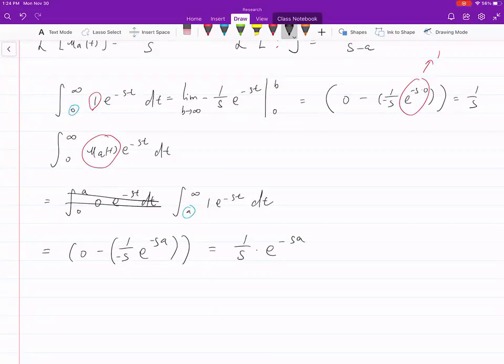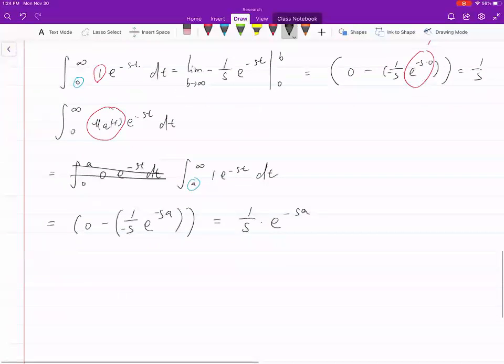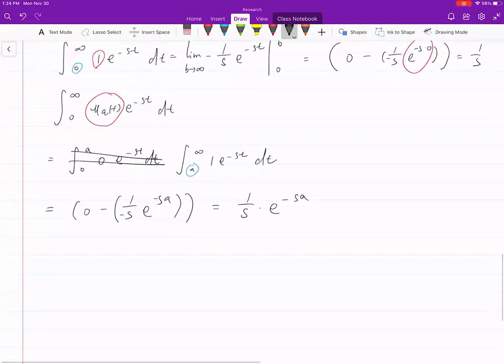Make sense so far? Okay, so where does this term come from? It actually comes from e to the negative s0, except before you put 0, now you put a. Why do you change the starting point? Because you multiply by a ua. That's basically delay. That's basically shifting the whole function to the right by a.